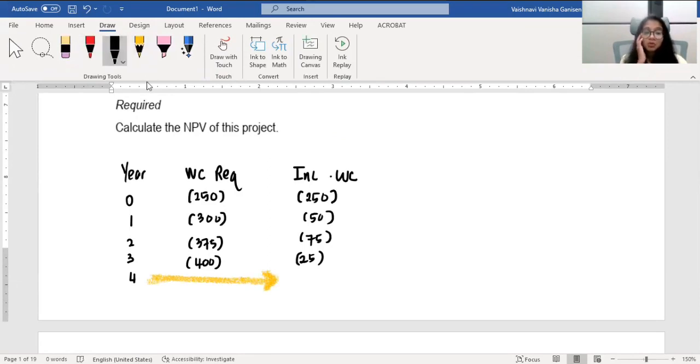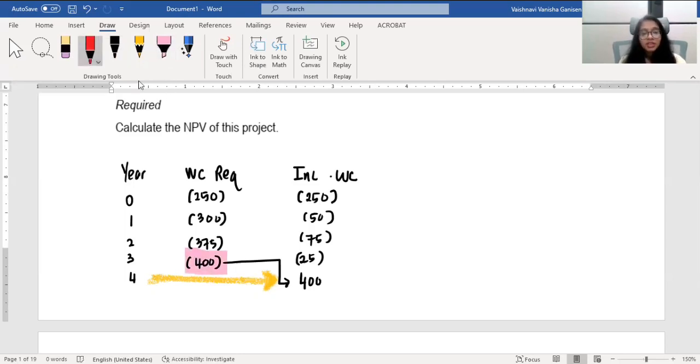Now, remember I told you, in the final year, which is year 4, what the examiner says is that you will recoup all the amount that you have spent on working capital in the form of profits, means you will have a positive 400. Guys, always remember, for the final year, it's always a positive unless it's asset replacement cycle. That's number 1. How do I get this total amount of 400? You just copy and paste the working capital requirement at the end of year 3.